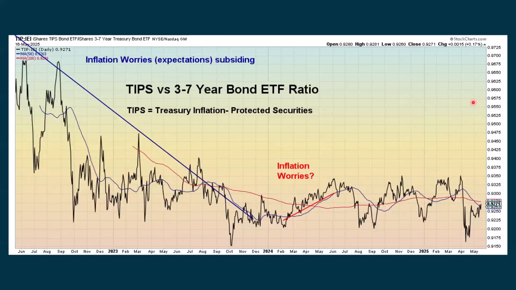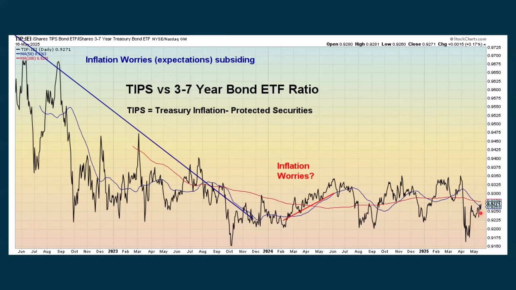We do that again using Treasury Inflation-Protected Securities. This is an alternative that people get into when inflation is going up and interest rates are going up. They get into TIPS. When interest rates have stabilized and they're not really concerned about inflation, then they jump over into 3 to 7 year bonds. And we're actually in a downtrend here, showing how the TIPS are underperforming, but lately they've been coming back.